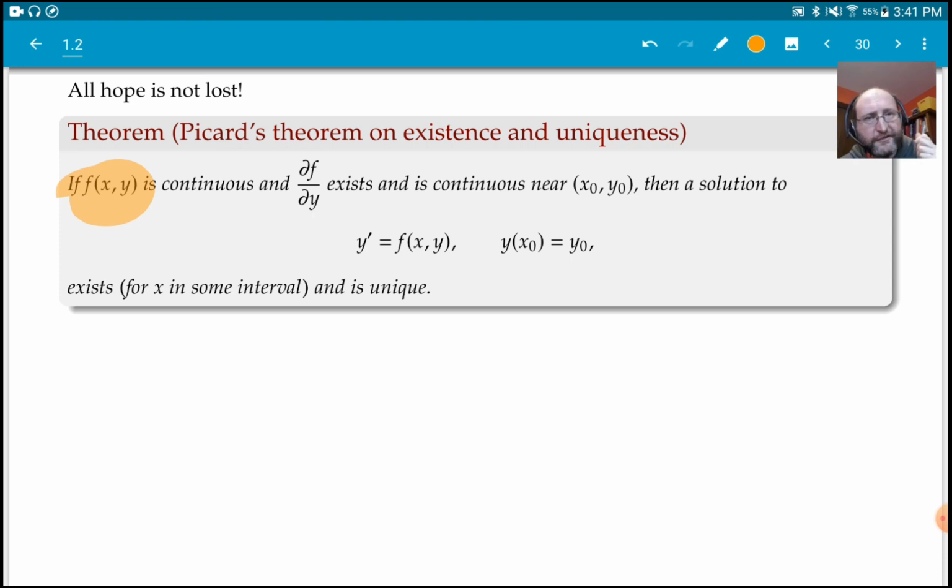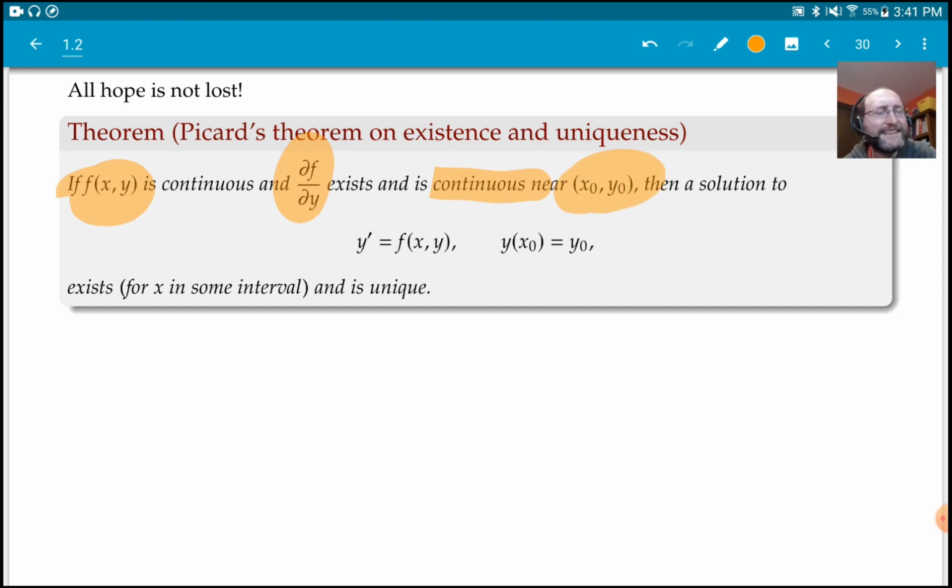You need a continuous function, and you want the partial derivative with respect to y. So you take this expression f of x, y, and you differentiate it with respect to y, and you want that to be continuous, right? So you want both the function f of x, y to be continuous, and the y derivative, right?